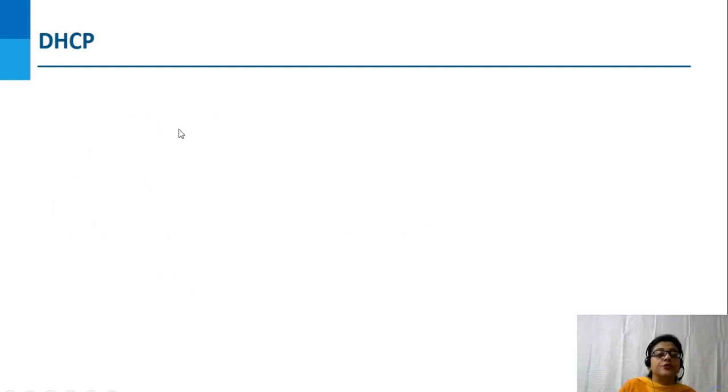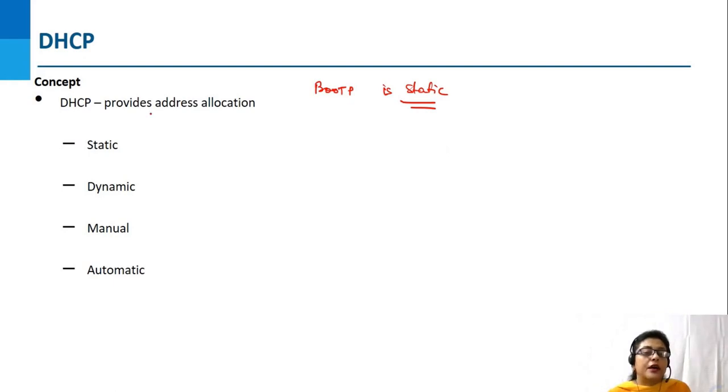Next, we turn our attention to DHCP or Dynamic Host Configuration Protocol. Now, this BootP protocol, which we have studied earlier, is static in nature and not dynamic. But this Dynamic Host Configuration Protocol is an address allocation protocol, and it provides addresses dynamically. There can be 4 different types. One is the static, second one is dynamic, and manual and automatic.